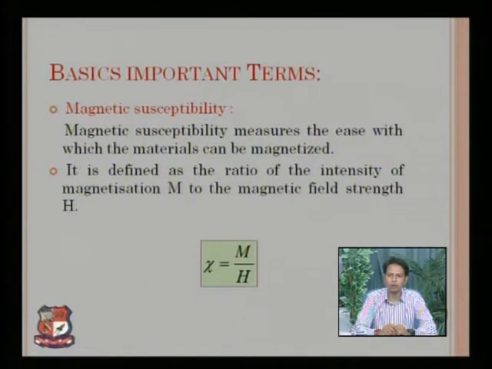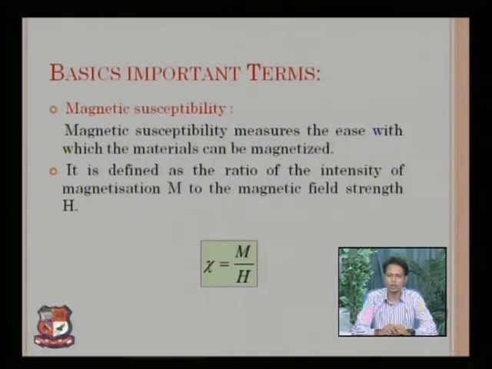Now, let us get the unit of magnetic susceptibility. The unit of magnetization M is ampere per meter. The denominator H, the applied magnetic field intensity or magnetic field strength, also has the unit of ampere per meter.